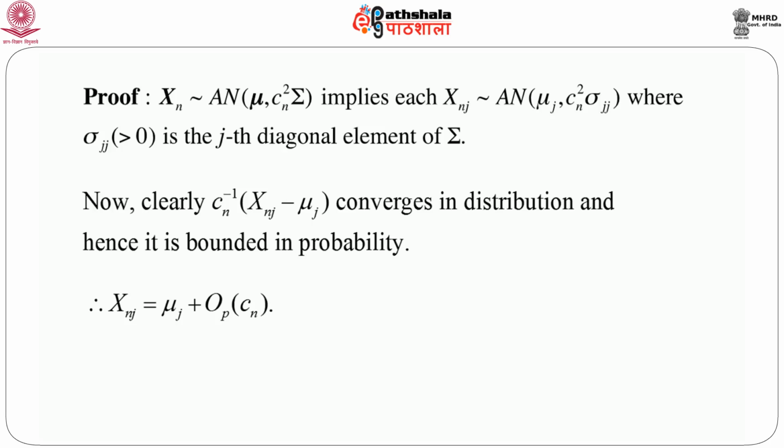Clearly, Cn to the power minus 1 (Xnj minus mu j) converges in distribution, and hence it is always bounded in probability. So immediately we can write Xnj equals to mu j plus big O p of Cn.